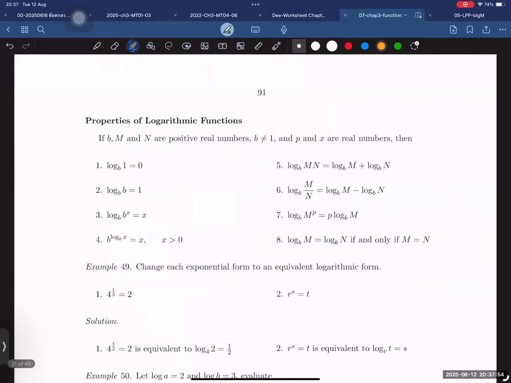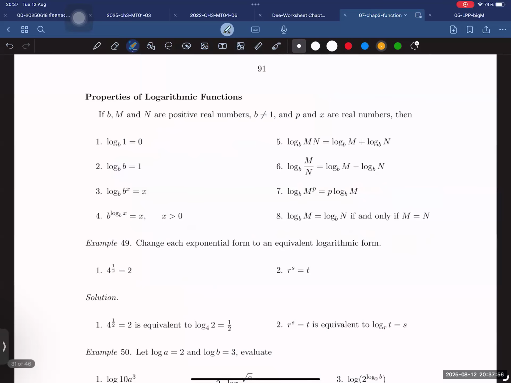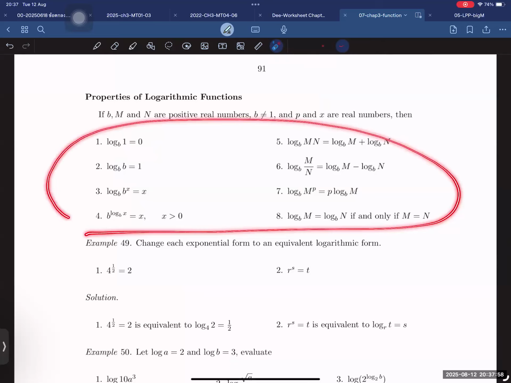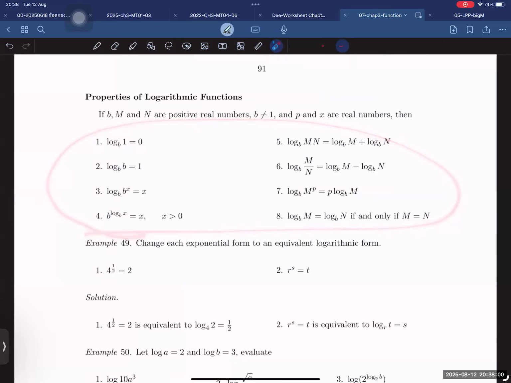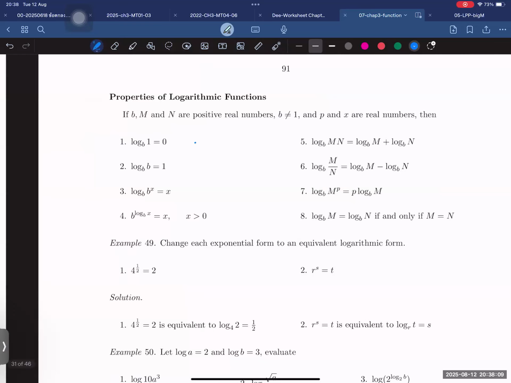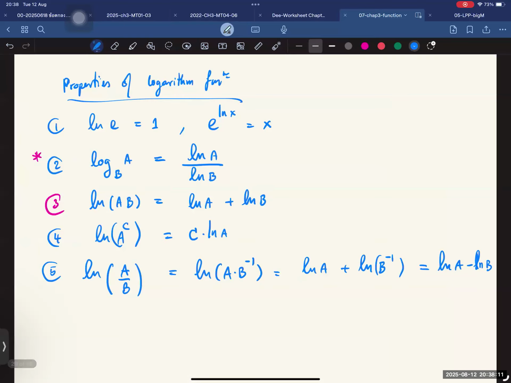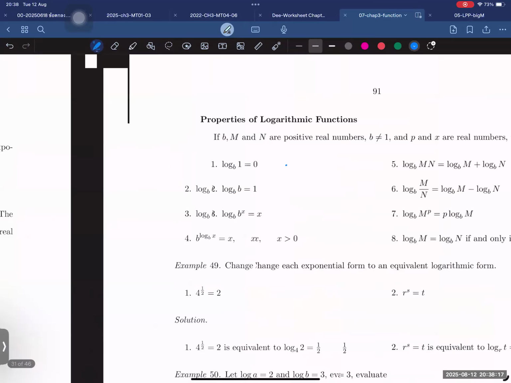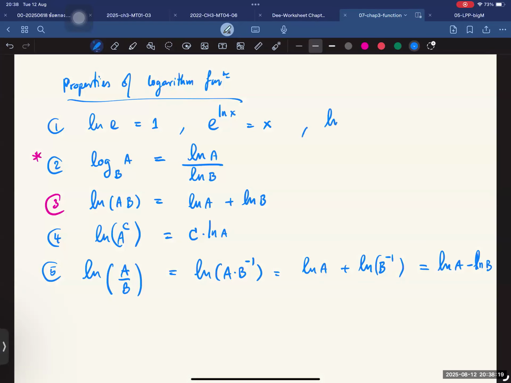All right. These properties, I think, are the same as the 5 properties that I told you before. Let's see, did I forget anything? I forgot another property. The log of 1 is 0.